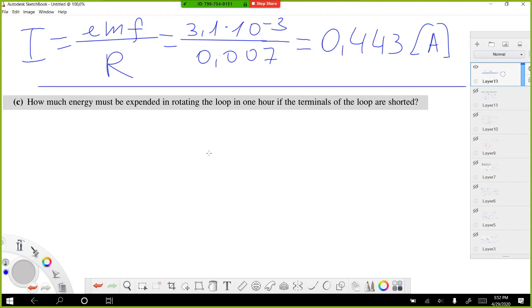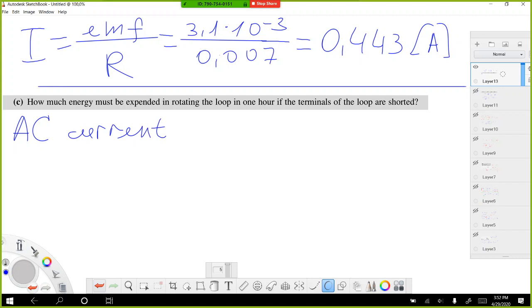Okay, the power from Ohm's law is equal to, pay attention, we are dealing with AC current.